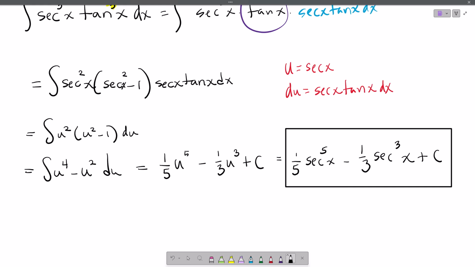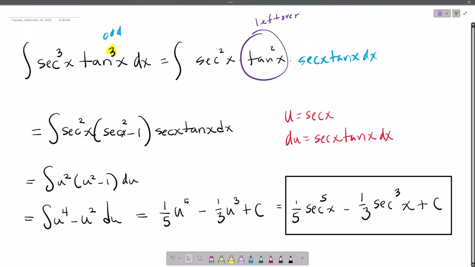What happened to the extra secant? Like secant cubed? Right, so secant cubed became secant to the 1. There's a power of 1. We took one of those secants out, leaving 2 and putting 1 secant over there, and then we took one of the tangents out, leaving 2 here and 1 over there.